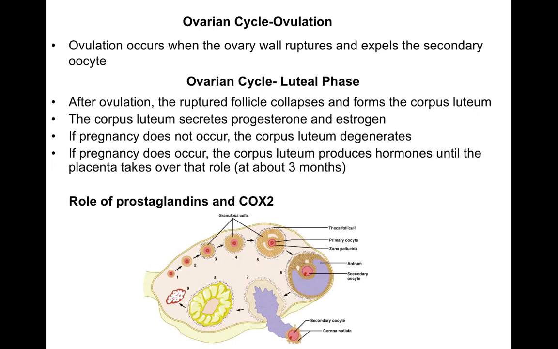As we said, the ova is now ready to be spit out. There are many follicles present in the ovaries, but only a few of them have mature ova.